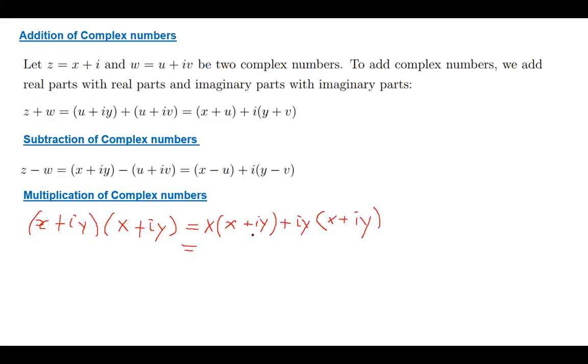So here, when you open the brackets, you find X squared plus XYi. Even here, iY times X, you get XYi.